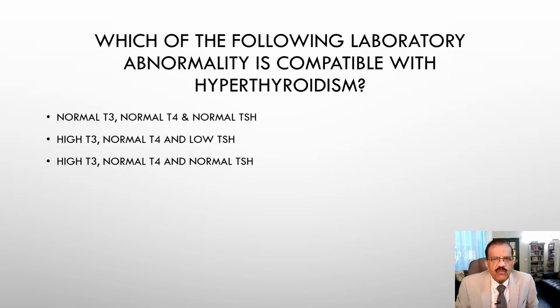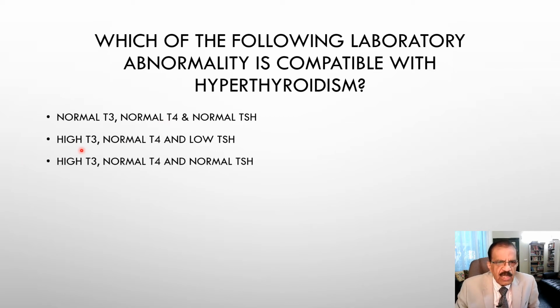Okay, which of the following laboratory abnormality is compatible with hyperthyroidism? Right? So normal T3, normal T4 and normal TSH. All three are normal. Is it possible to have hyperthyroidism with all three key laboratory abnormalities within normal range?